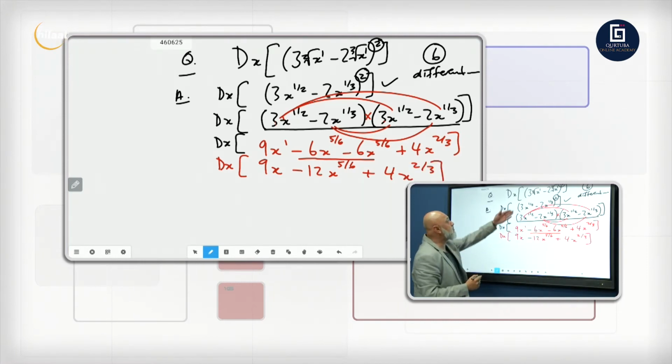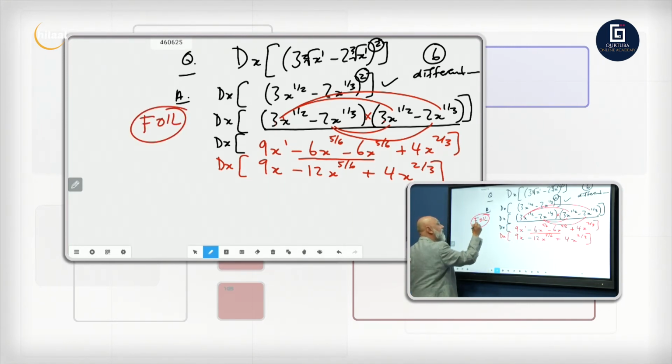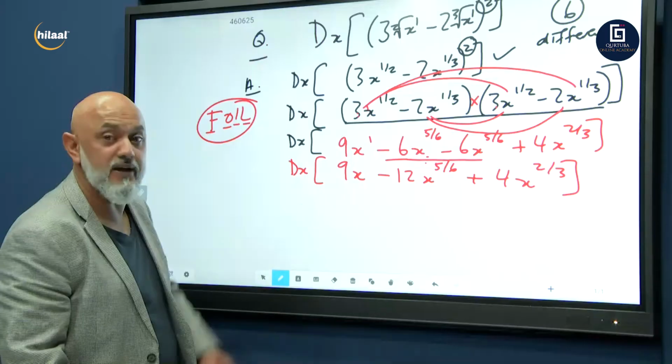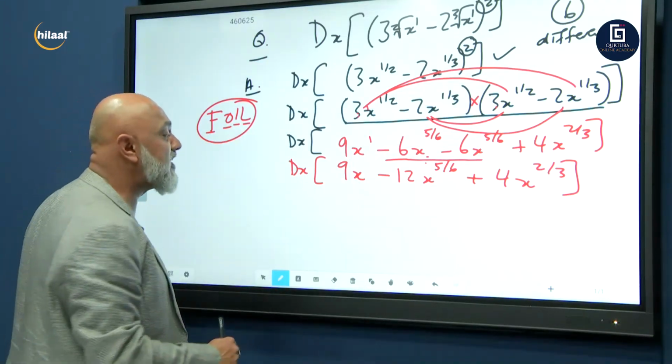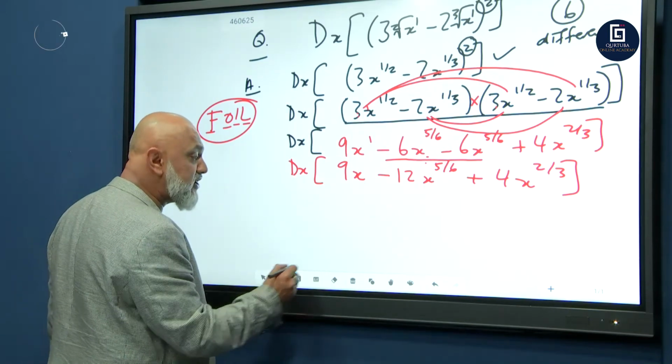There we go. We've removed the brackets. We've collected our like terms. All I did was FOIL it out. First, outer, inner, last. We collected our like terms and there we go. We've now got it in a straight line. Now we differentiate.